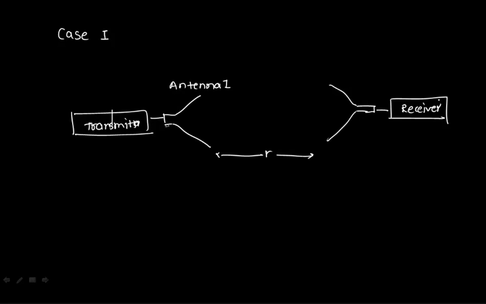Here antenna 1 is transmitter and antenna 2 is receiver. So I'm considering case 1, that my antenna 1 is the transmitter and 2 is the receiver antenna.